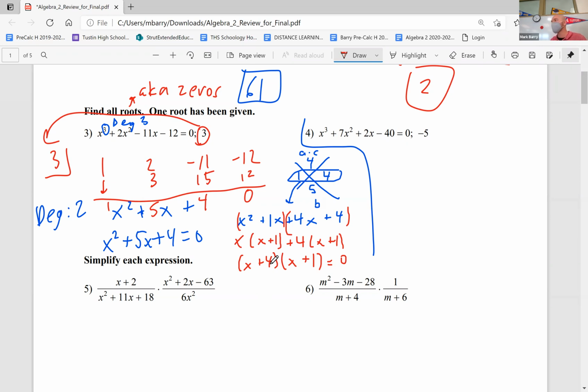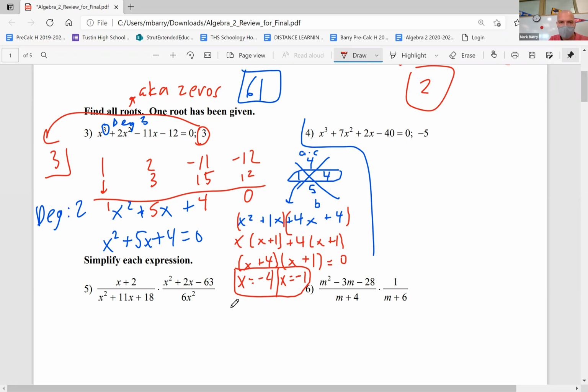If you guys would like a shortcut, it's kind of always the opposite of whatever number's in there, okay? So if we have x plus 4 equals 0, that means we could say x equals negative 4. If we have x plus 1 equals 0, we could say x equals negative 1. So those are our two answers.